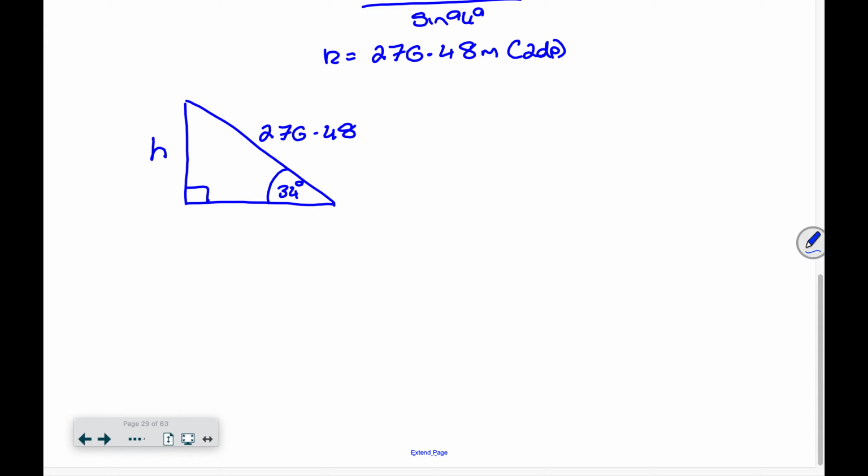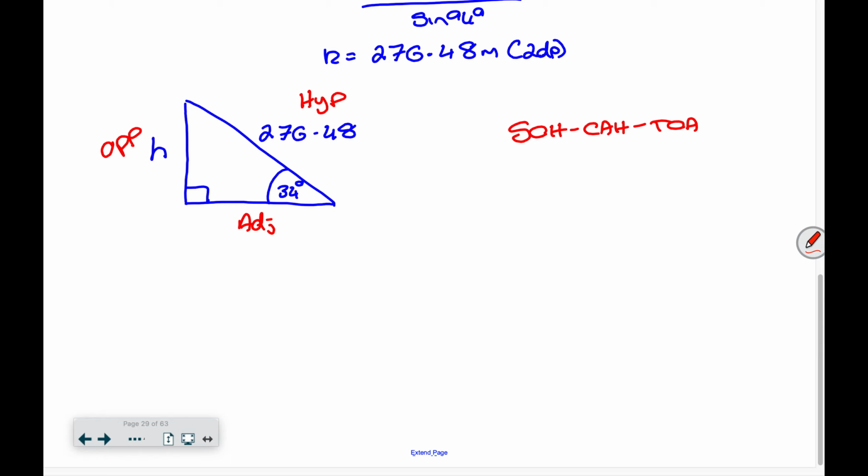So label our sides. If that's the angle we're looking at, this would be the opposite side, this would be the adjacent side, and this would be the hypotenuse side. That then allows us to write out SOHCAHTOA, and then tick off what we know.